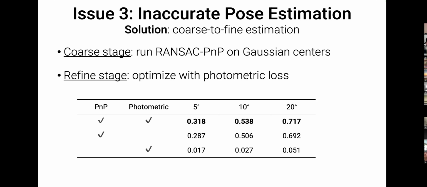So it's backprop through the Gaussian, through the ViT, and then to the camera pose basically. As you can see here, once we have both PnP and the photometric loss, the AUC is actually better.